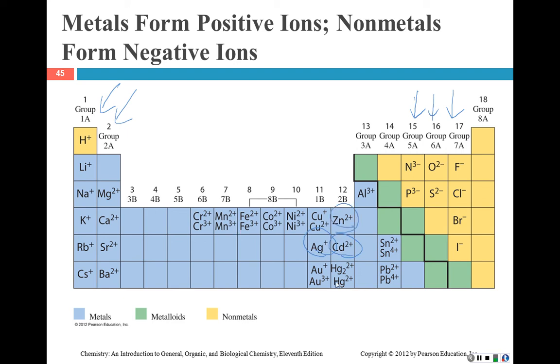The other things can have multiple charges. But you don't have to worry about memorizing these, because why? Because when they form ionic compounds with these negative ions, and these always stay the same, we can figure out what they are by looking at their groups. So it's not going to cause us a problem.